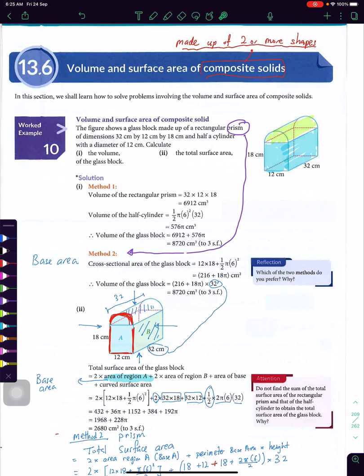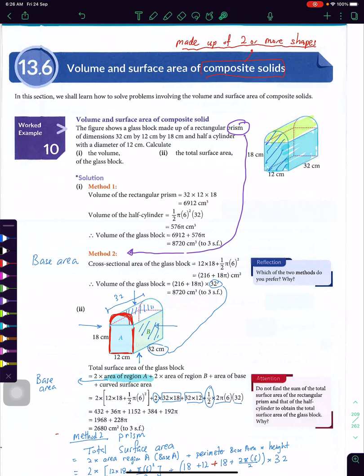So the prism here means I need to take the cross-sectional area, which sometimes we call the base area. So let's identify the cross-sectional area. Now the cross-sectional area is actually this part here, which is made up of the area of a rectangle plus the area of a half circle, a semicircle.